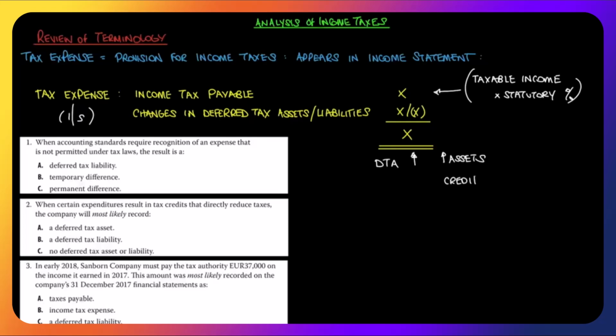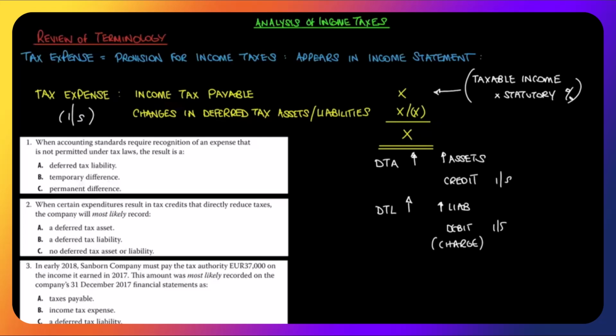Good news on the balance sheet, good news in the income statement. If, on the other hand, you had a deferred tax liability that increased, that's an increase in liabilities, bad news, a credit, and leads to a debit in the income statement, i.e. a charge. And you could obviously reverse these arrows and reverse the answer. Those two together give you your tax expense.